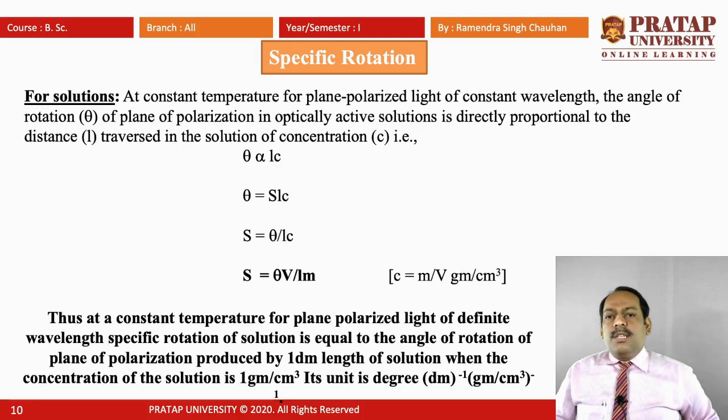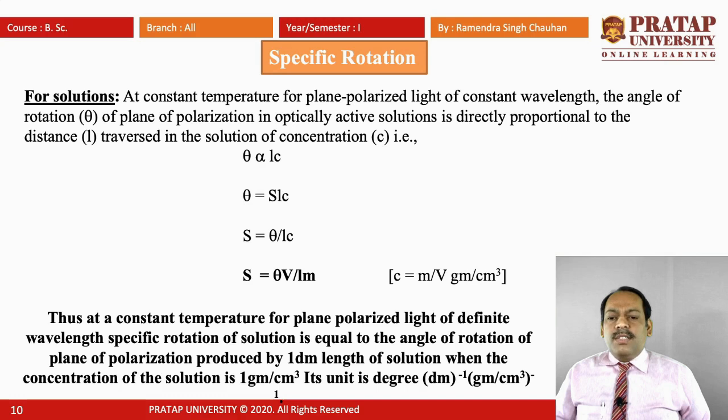So, at constant temperature, now we are taking solutions. For solutions, theta is proportional to LC. So we get theta is equal to SLC, where S is the specific rotation and proportionality constant. So we get S is equal to theta upon LC, and we know the concentration is given as mass per unit volume.